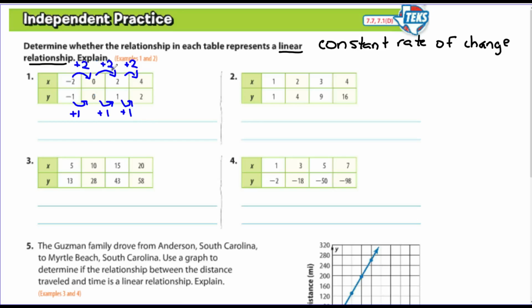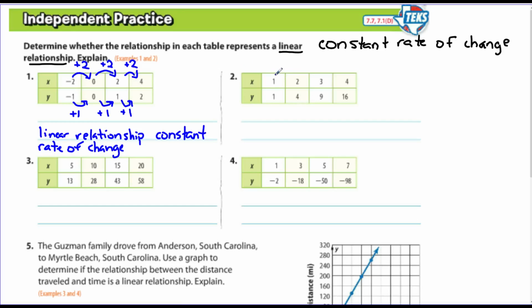So since there's a constant change for x and a constant change for y, we can say this is a linear relationship because there's a constant rate of change. And that's really all we had to do. And that's going to be the same for all of these. So let's pick another one. Let's just do number 2.